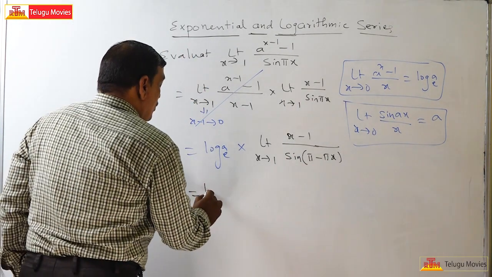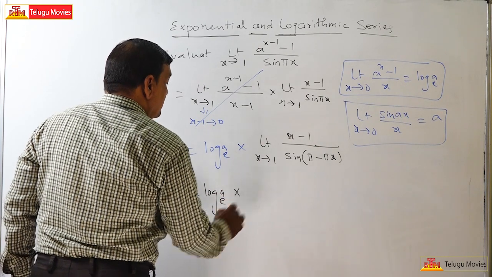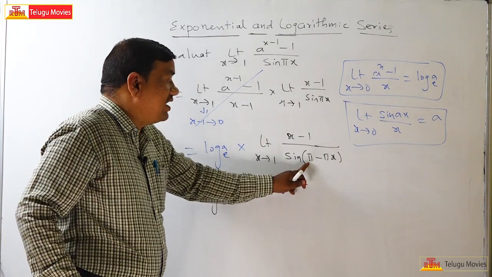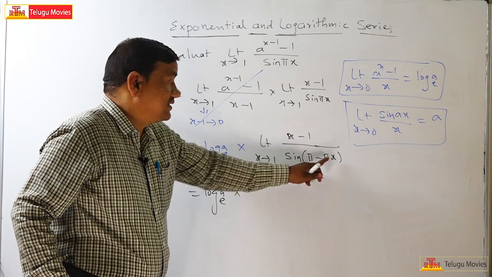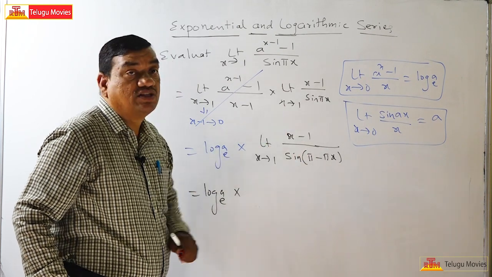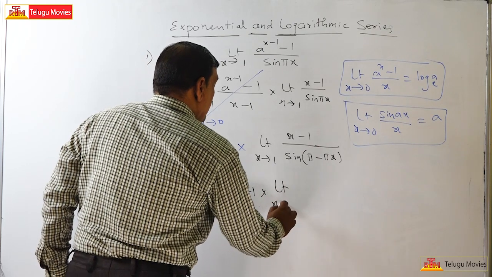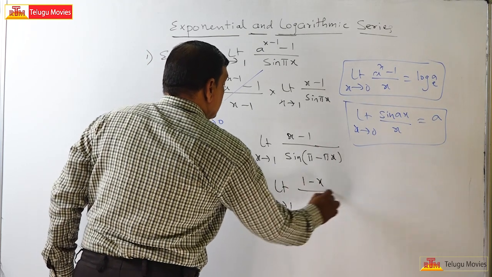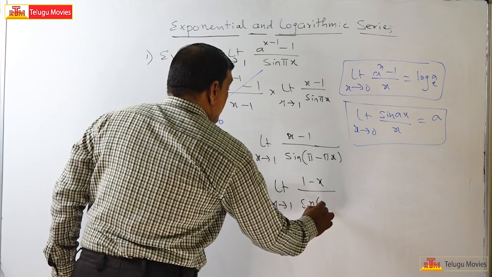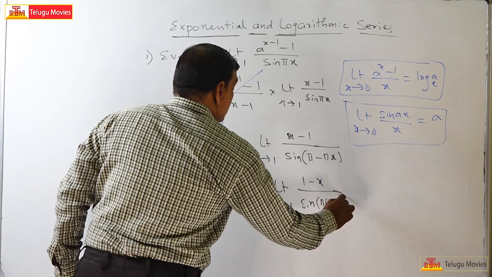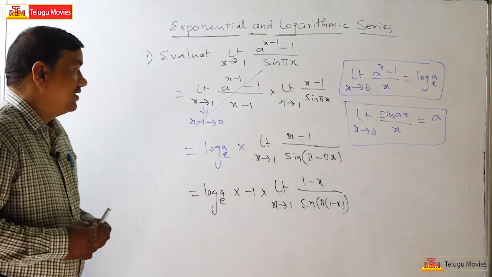So this is equal to log a to the base e. Here you take π common outside, it is π(1 − x). It is 1 − x, but here x − 1 is there. That's why minus 1 into limit x tends to 1, this is (1 − x)/sin(π(1 − x)). Can we write it so?